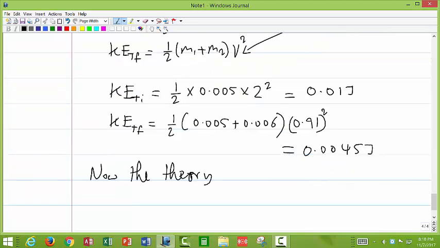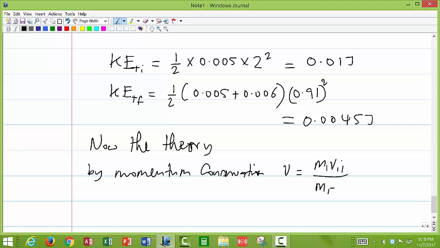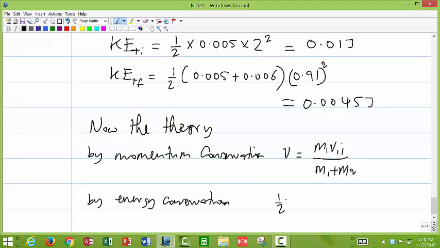Yes, I did. So let's look at the theory of why this works that way. By momentum conservation, V was equal to m1 v1 initial divided by m1 plus m2. And then by energy conservation, we had half m1 v1 initial squared equals half (m1 + m2) V squared.